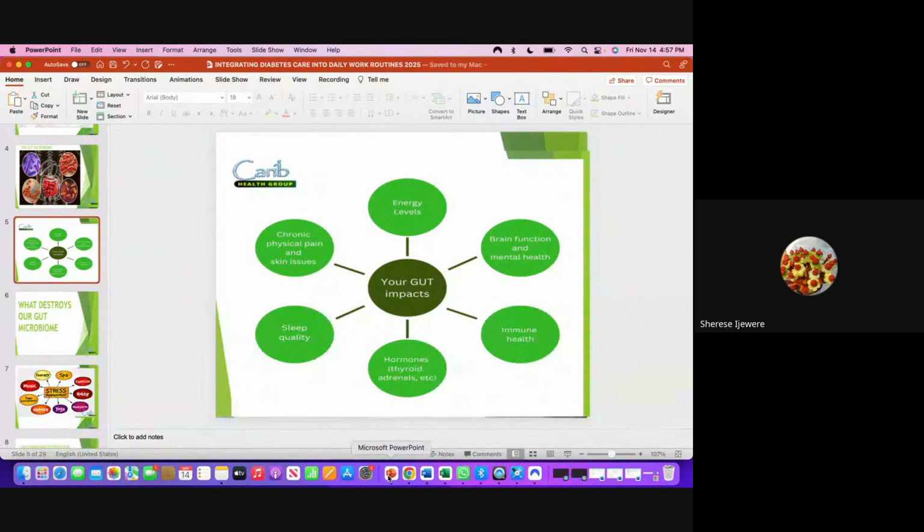Has it moved now? We can see the slide, but can you try moving again? Okay, I've moved it. No, it's not moving. Okay, all right. Give me a moment.